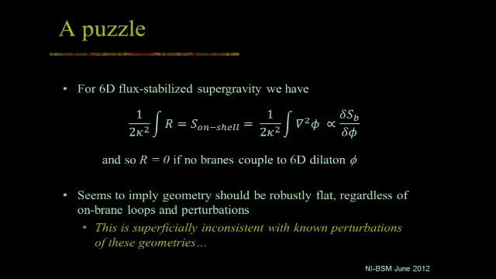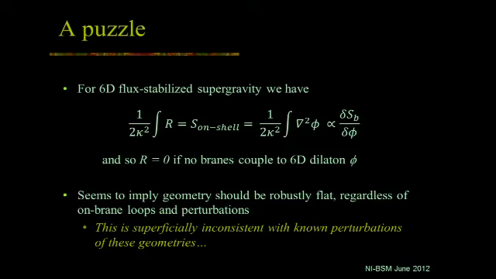Okay, so I'm going to focus on a six-dimensional supergravity and then also a non-supersymmetric example to contrast them. And in that case, the argument I gave you a couple slides ago says that the curvature on the branes, the curvature scalar, is just controlled by the on-shell action in the same way that I argued before. And in this particular case, the total derivative that the on-shell action is given by is del squared of the dilaton, which will be a scalar field sitting in the bulk.